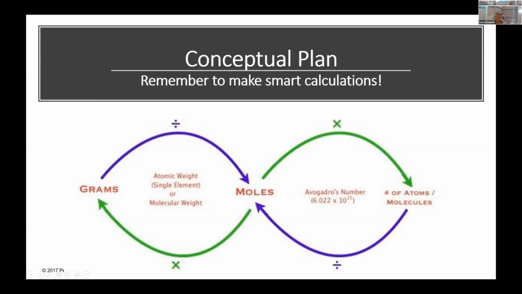There are 2 key conversion factors. One is Avogadro's number, which you use when converting from or to atoms or molecules. The other is the molecular weight, or the average atomic mass, or the molar mass. Those terms I just said are the same thing.